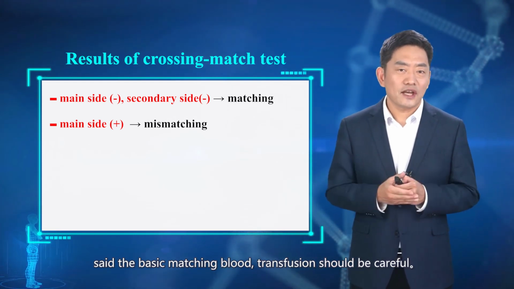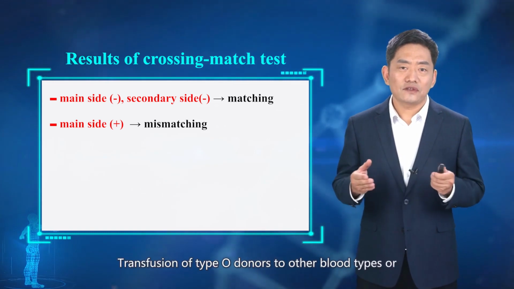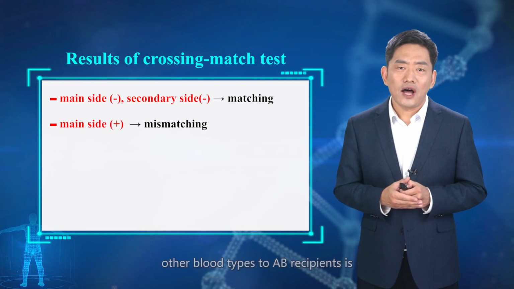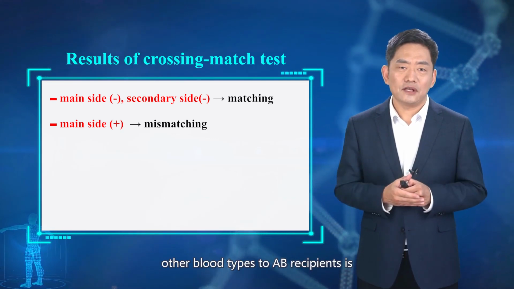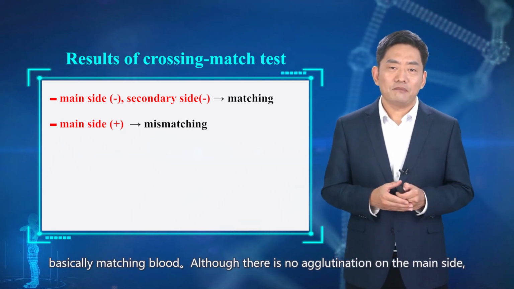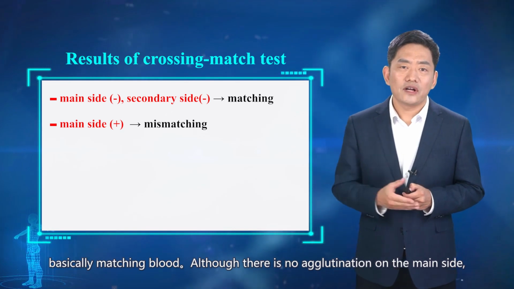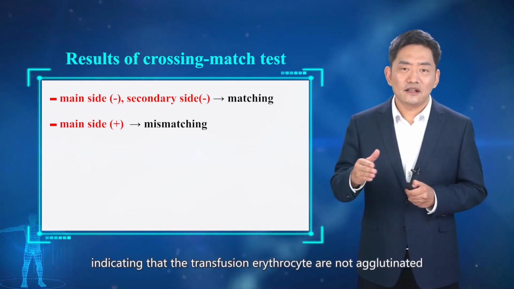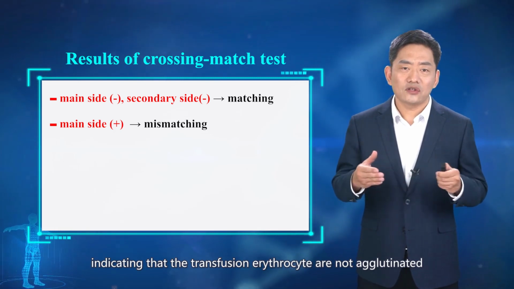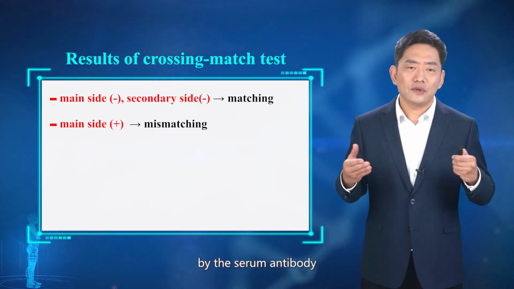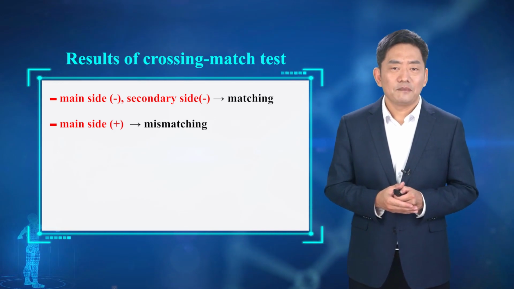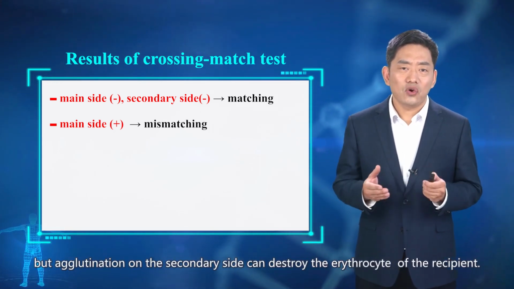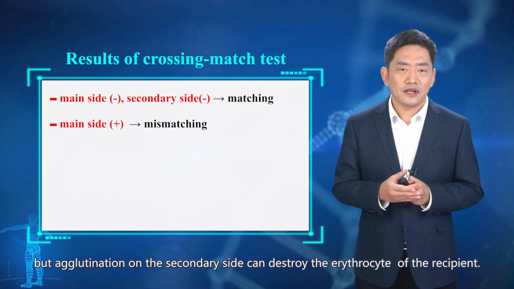Transfusion should be done carefully. Transfusion of type O donors to other blood types, or other blood types to AB recipients, is basically matching blood. Although there is no agglutination on the major side, indicating that the transfused erythrocytes are not agglutinated by the serum antibody of the recipient, agglutination on the minor side can destroy the erythrocytes of the recipient.